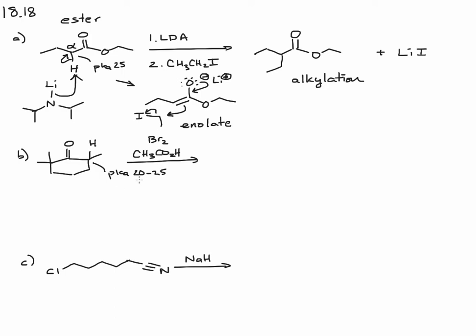So the ballpark that we want to remember is 20 to 25 for Chapter 18 material. We're treating this ketone with bromine and acetic acid. So this is going to be an acid-catalyzed bromination reaction. We're going to substitute the alpha hydrogen for a bromine. So let's look at how that happens.